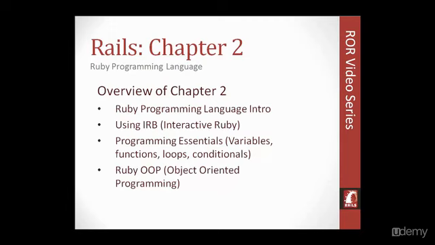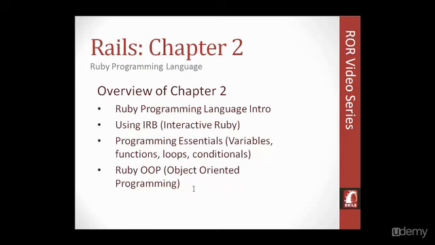So we'll be doing the introduction and history of Ruby, and we'll also be using a software called IRB, Interactive Ruby, and it's a program that lets us run Ruby on our Windows machine in a command line. Okay, and the next thing we're going to do is go over some programming essentials, which you probably have a little understanding of: variables, functions, loops, if-else statements.